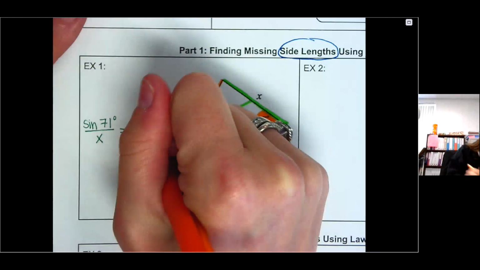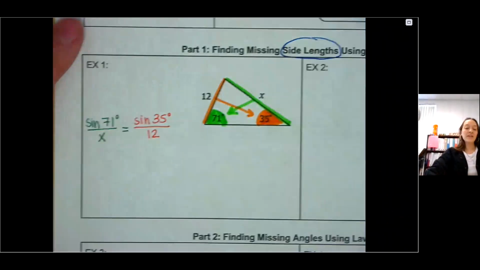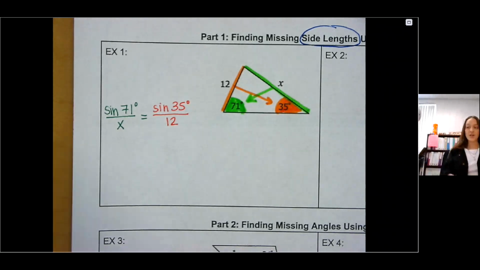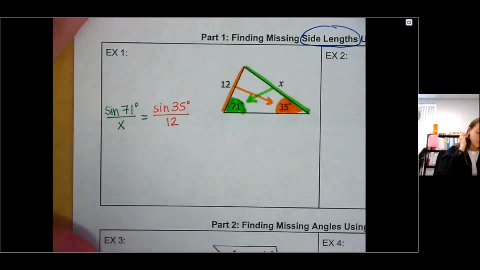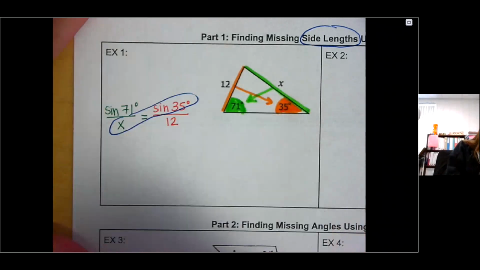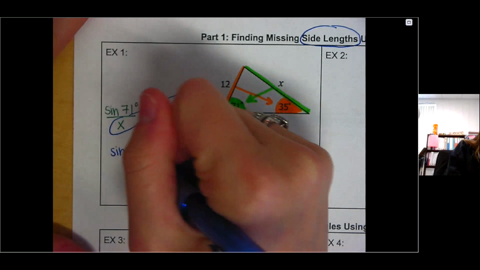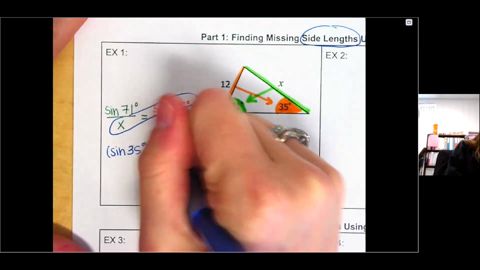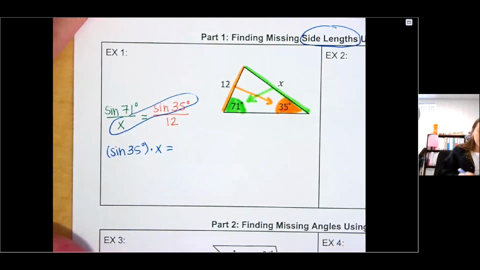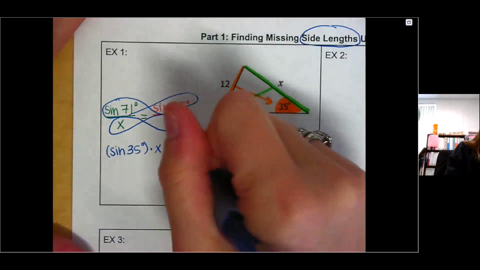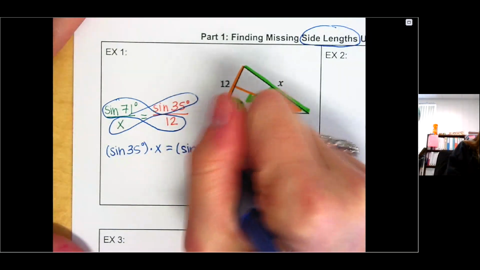over 12. And now what I have here is a proportion, and we are allowed to solve proportions by doing cross multiplication. So we're going to do a little bit of multiplying diagonally here. x times the sine of 35 is sine of 35 times x, equals, and then I cross multiply the other way, sine of 71 times 12.